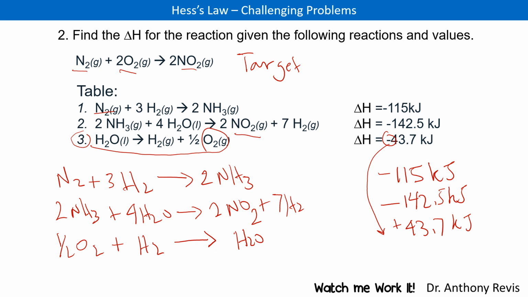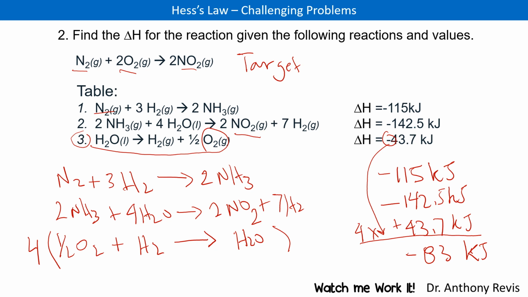If I go down to the oxygens, however, I see I have 2 oxygens in the target, and here I'll have 1/2. So this equation has to be multiplied times 4, to get this. So I'm going to say times 4 here. Occasionally I will bracket the entire thing, but here I flipped it and I had to multiply times 4. And if I run through my math, I get minus 83 kilojoules.